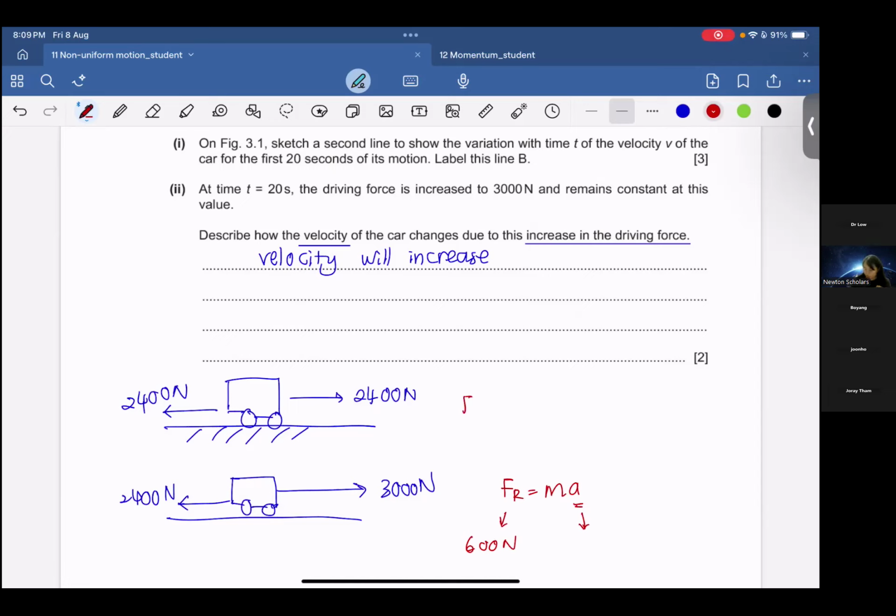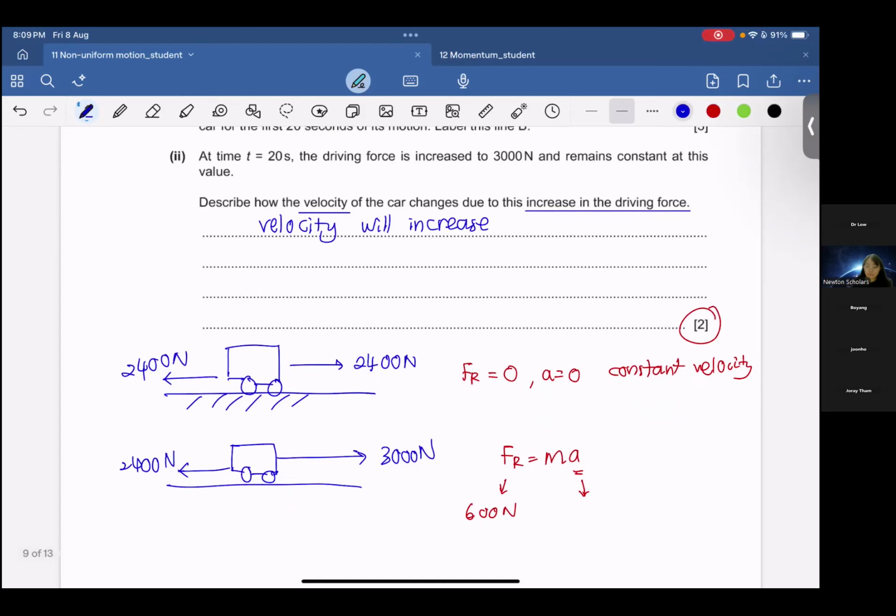Okay, so just now in this case, the resultant force is 0. Acceleration is 0. It is moving with constant velocity. But here is 2 marks, so we need to continue to describe. Since here it is 3,000, you speed up. Then don't forget about air resistance, because right now you accelerate again, so the air resistance will continue to increase.